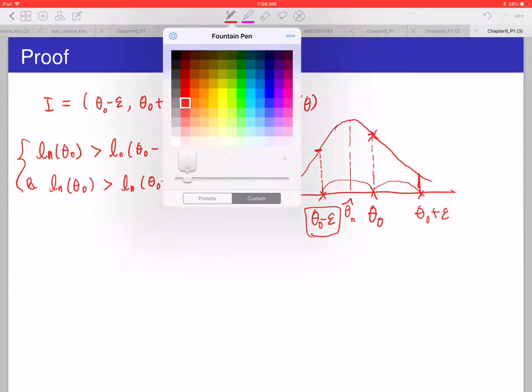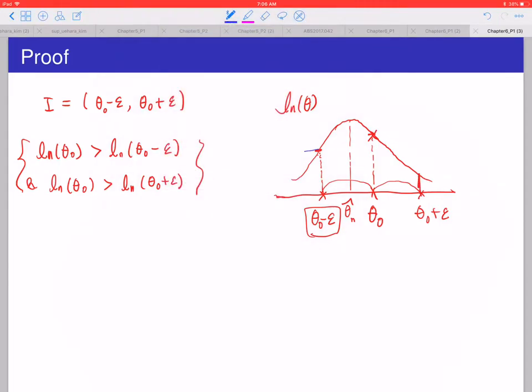So if you view that, this one is always greater, as long as you choose epsilon, or let's write a c to avoid confusion, large enough.